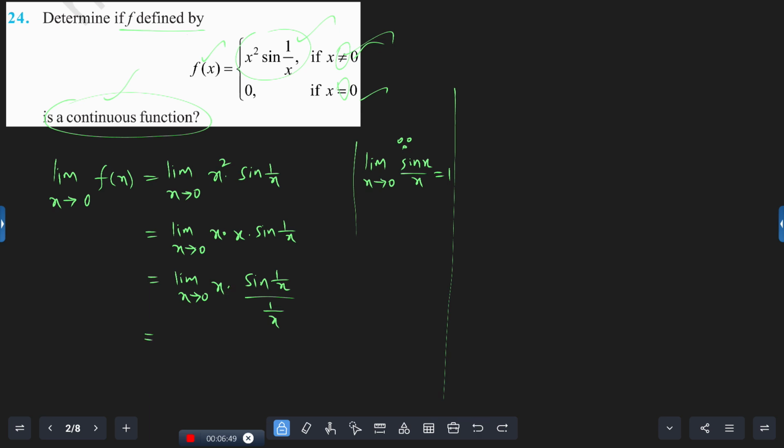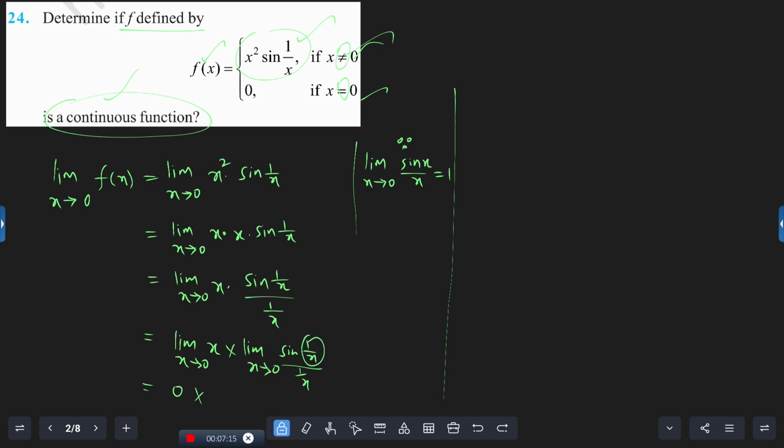Now if you apply the limit separately, limit x tends to 0 of x, and limit x tends to 0 of sine 1 by x divided by 1 by x, what will I get for this? 0. 0 into anything, what will you get? 0 only.